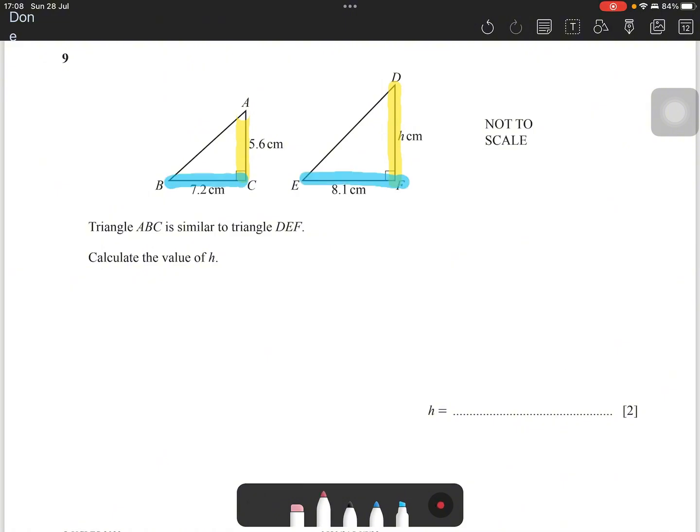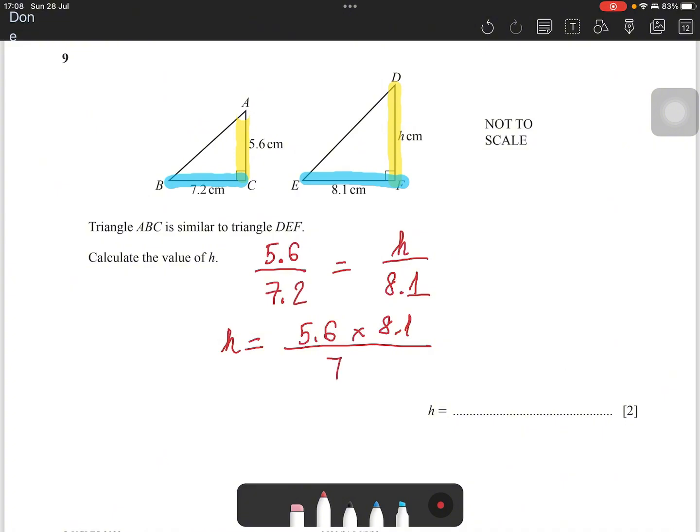So we have the ratio 5.6 over 7.2 is equal to h over 8.1. And to find the value of h, we cross-multiply 5.6 and 8.1. Then we divide it by 7.2. So the answer is 6.3 centimeters.